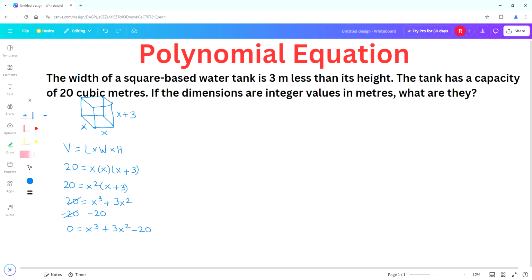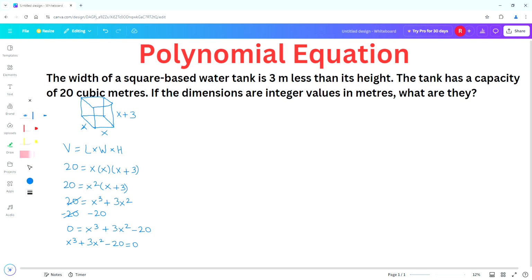We can rewrite this equation by writing the polynomial on the left side. The degree of this polynomial is 3. The leading coefficient of this polynomial is 1.